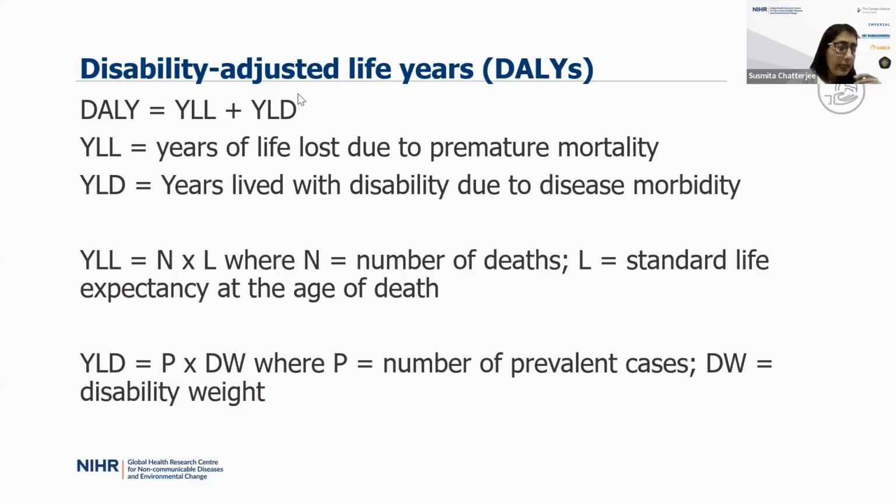For many disease conditions, it may not be exactly the same as what you are looking at, but you will find something very similar and put that disability weight in your calculation. That's how it should be.